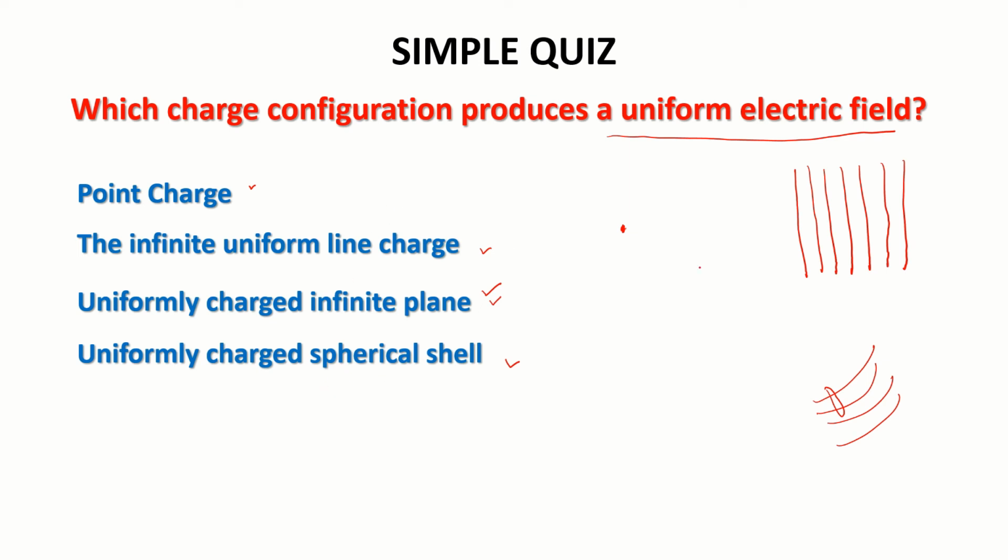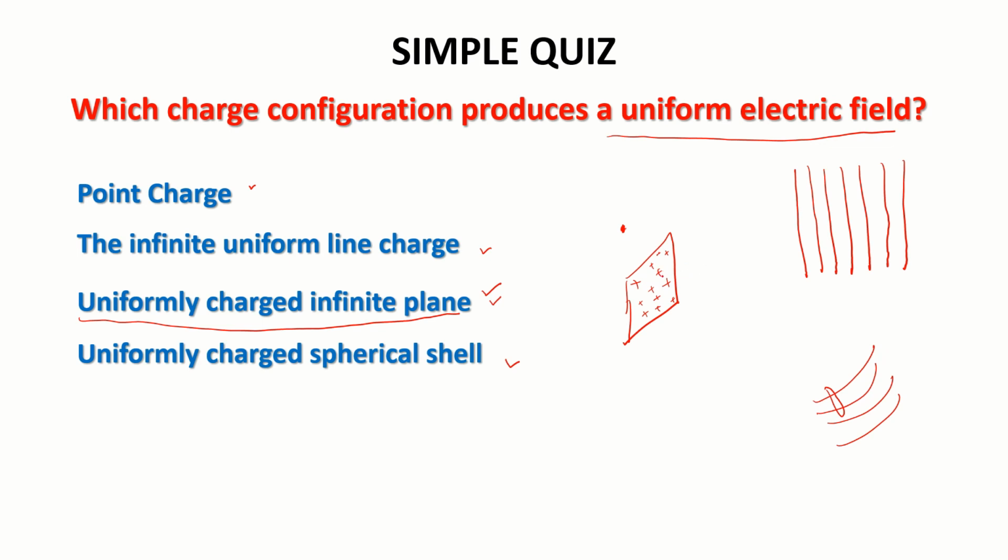It is possible in the case of the uniformly charged infinite plane. Plane means you may consider a plane like this. You may consider the charges distributed equally over all places of this surface, right? So if you consider the electric lines of force, they will come out from the charge exactly perpendicular to this plane, right?